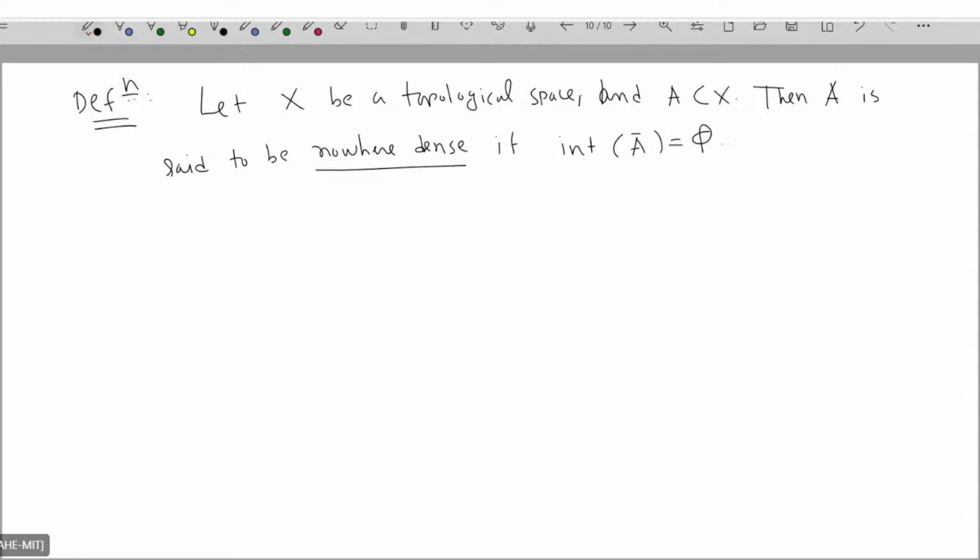So that means A closure cannot contain an open set. There is no open set which will be inside of A closure.